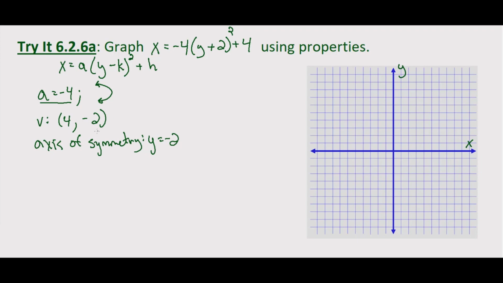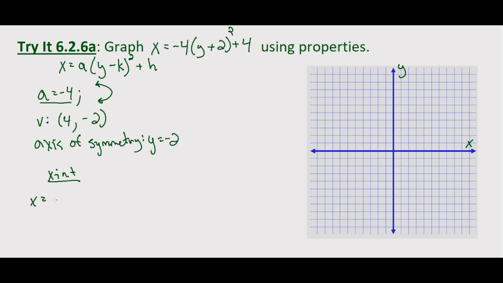So let's go ahead and find our x-intercept, or intercepts, when we get to y. With the x-intercept, we know that there's only going to be one intercept because it can't go both directions. So with our x-intercept, that's when y equals 0.